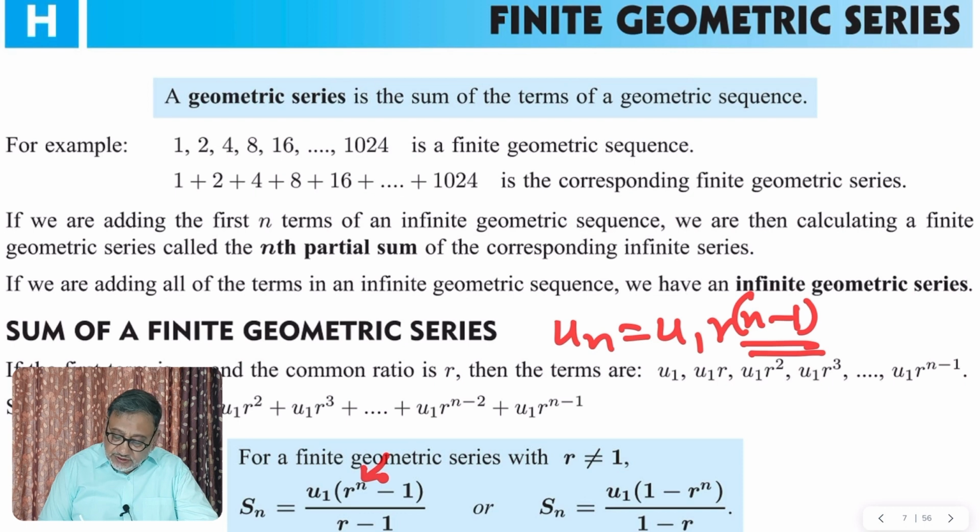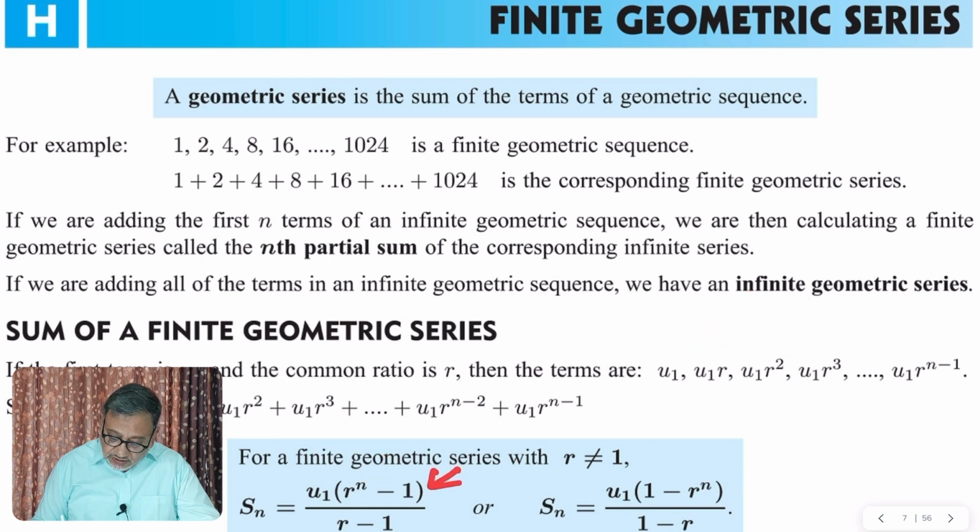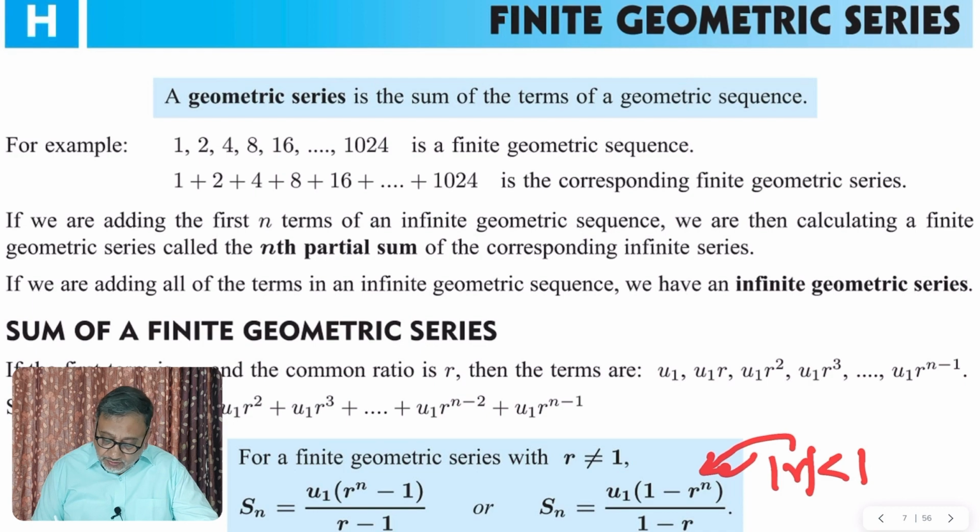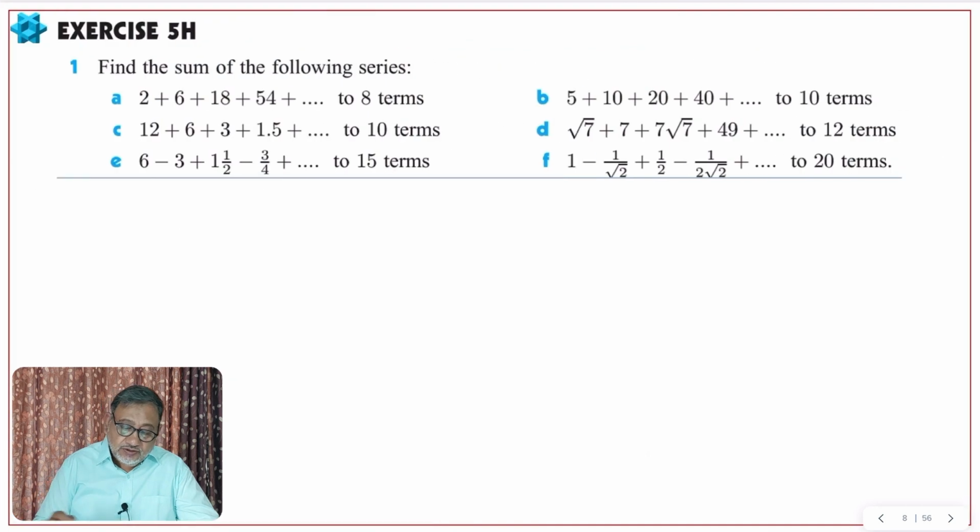Of course it is given in the formula booklet, so no problem for that. So either you can use this way or you can use this way. This way is better when the modulus of r is less than 1. Otherwise every formula will give you the same answer, so no problem for that. Now let us see the exercise based on this.